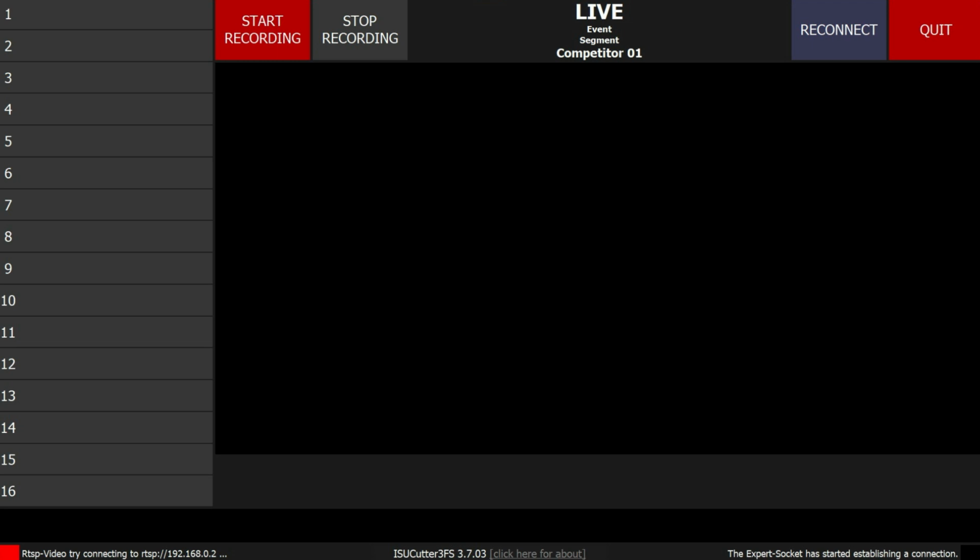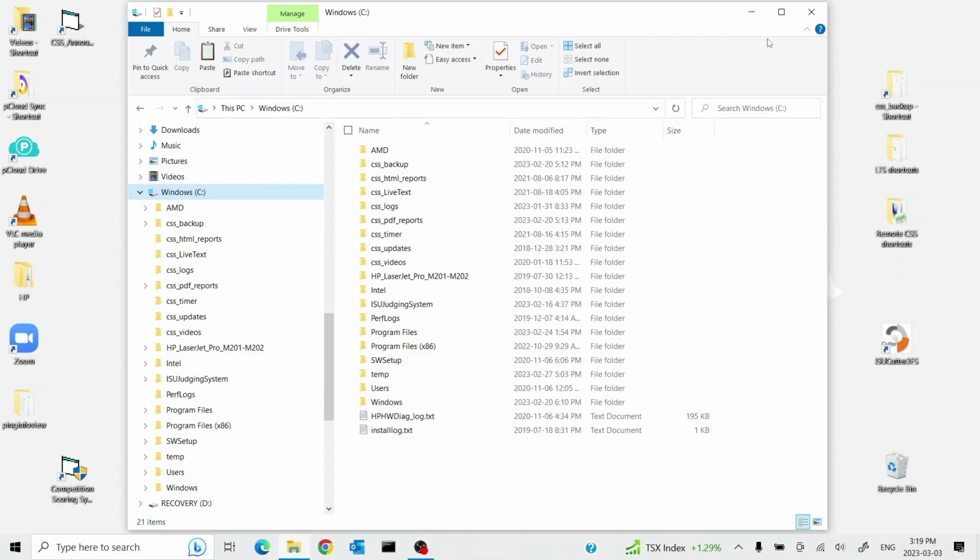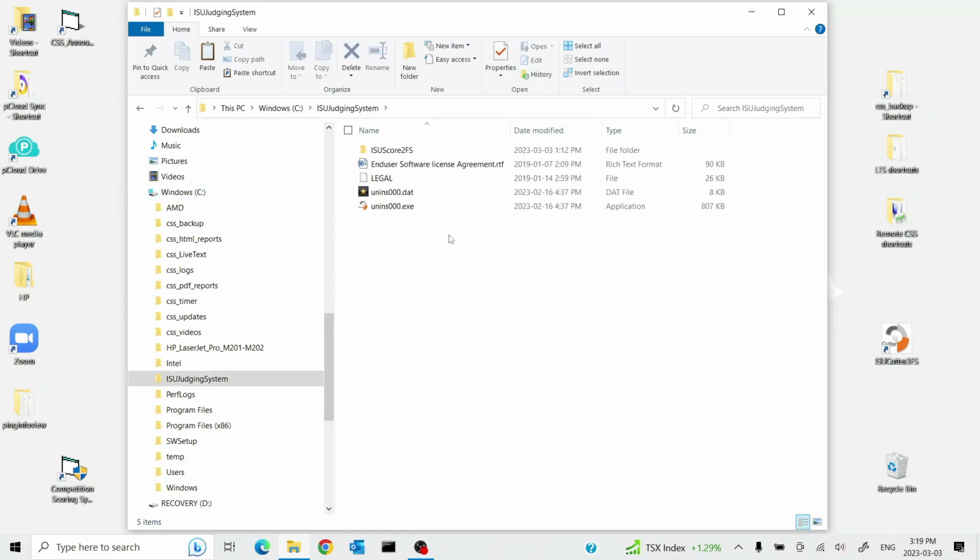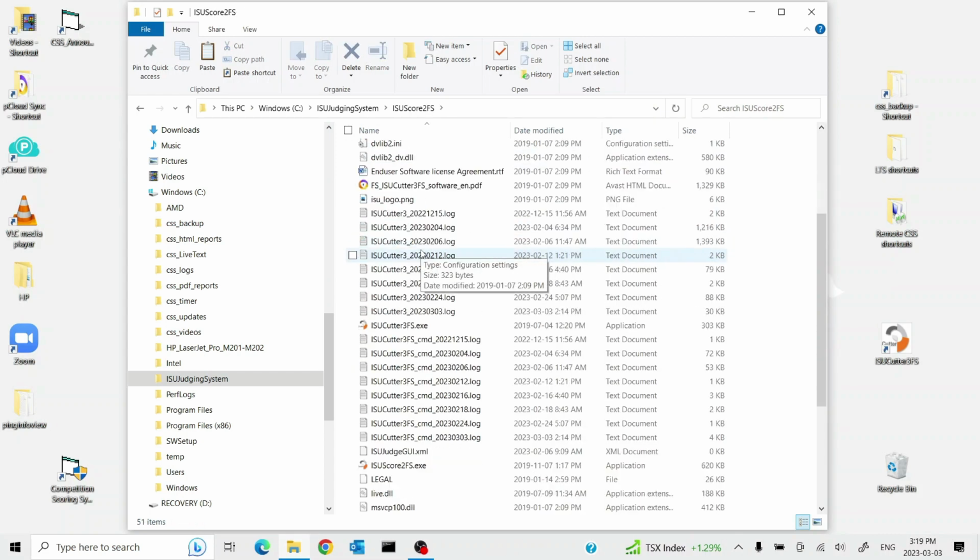If this value is incorrect, which can happen if you have reinstalled ISU Cutter, you can change the value by editing the file called rtsp.ini. To do this, open your hard drive in the File Explorer and navigate to the directory ISU Judging System, and then to the subdirectory ISU Score2FS.